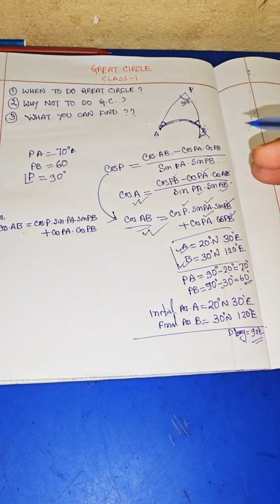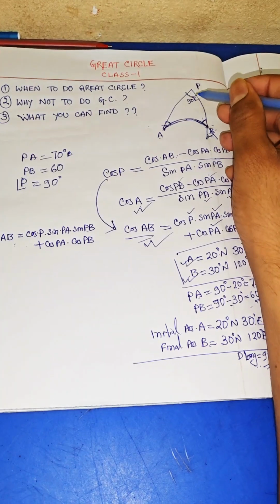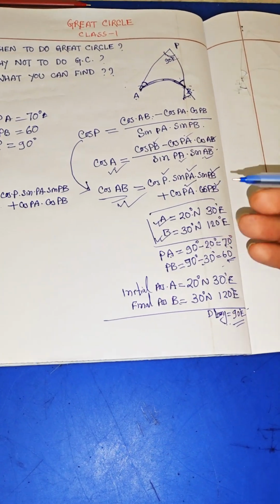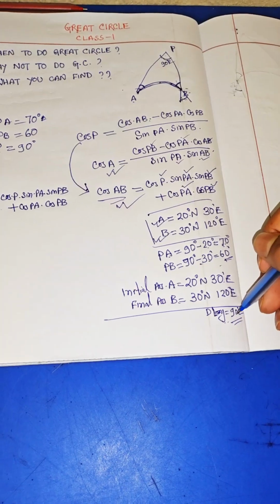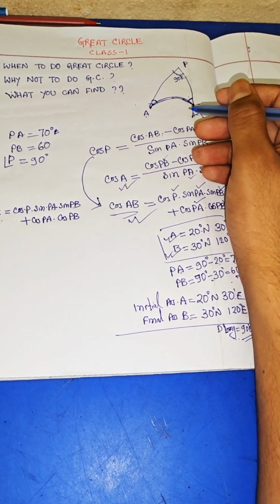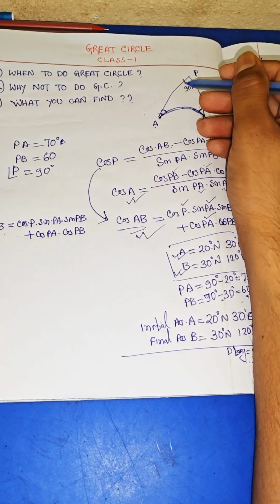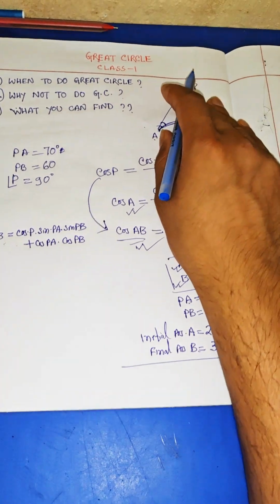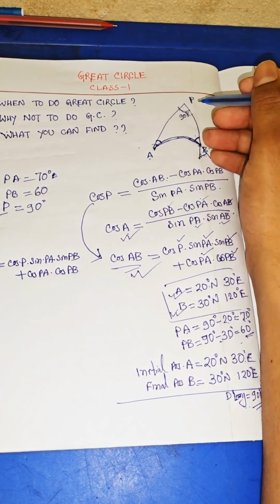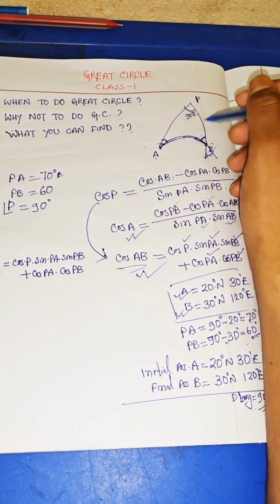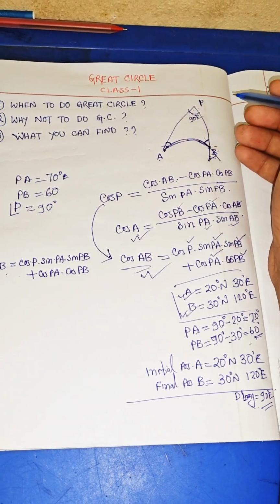Viewers, you have to know that since here the P angle coincidentally already became 90 degrees, you can also use Napier's formula here, guys. If there is no 90 degrees, then you cannot use Napier's, because for applying Napier's formula, any angle or any side must be 90 degrees.